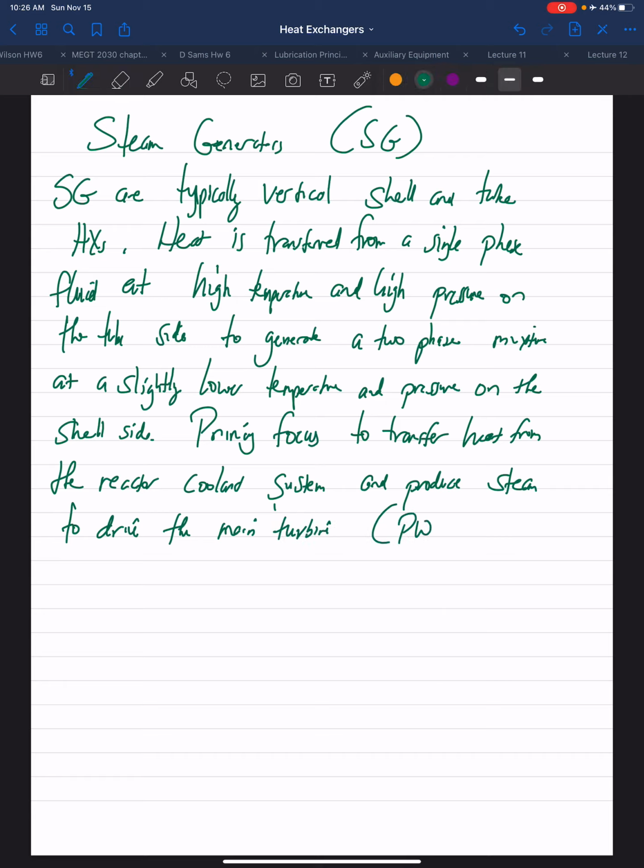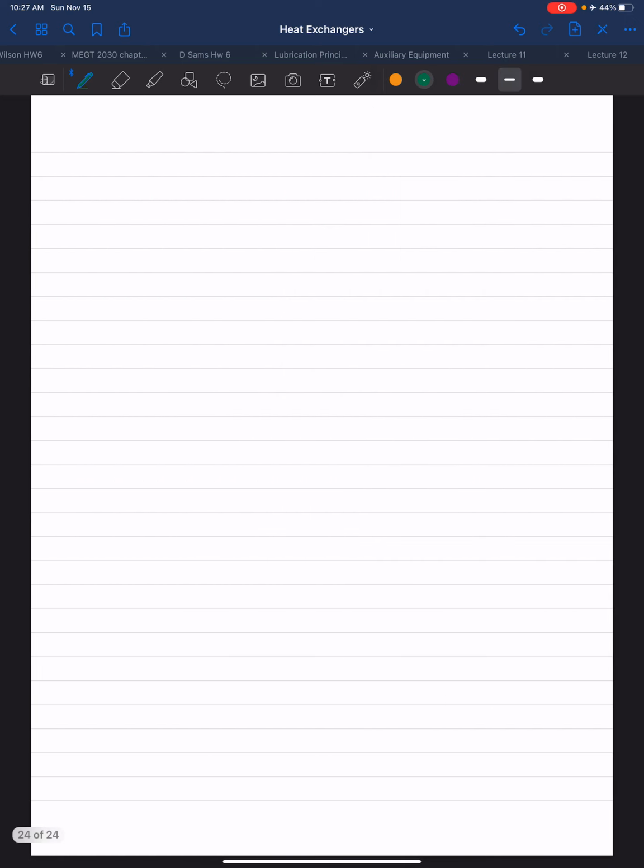And we're obviously talking about a pressurized water reactor. So there's two basic types of steam generator design.